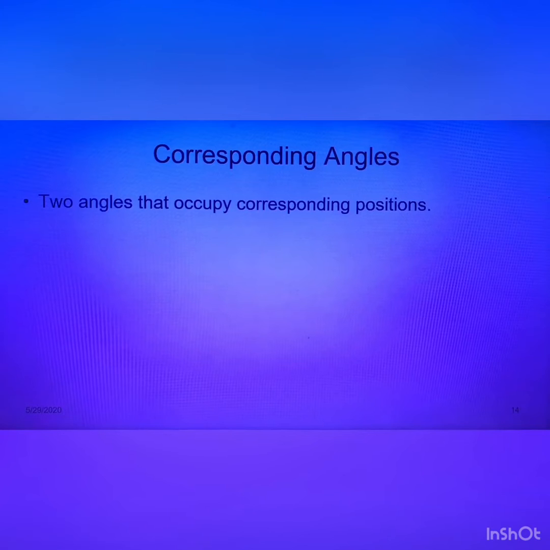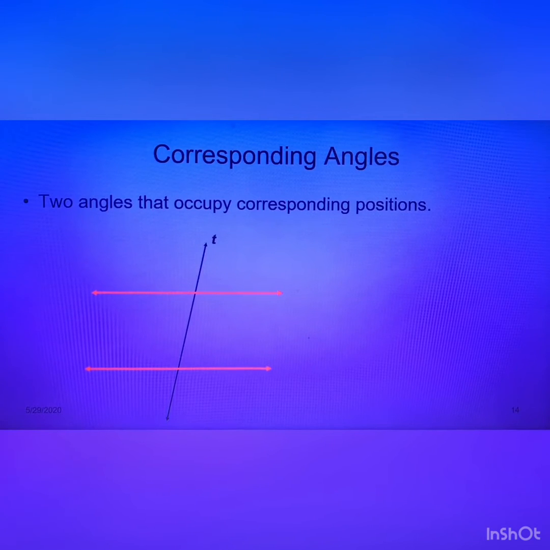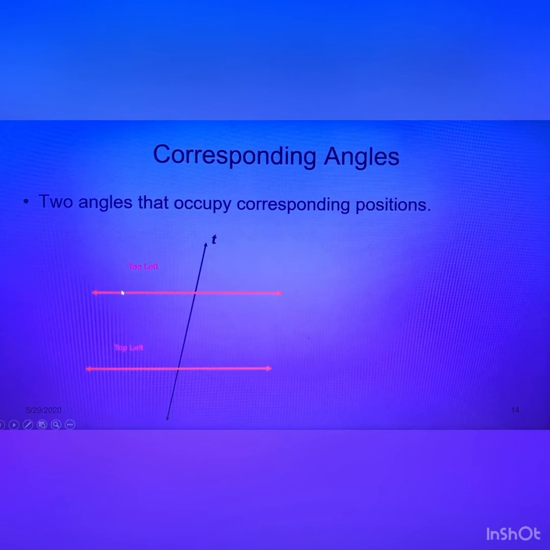Now try to understand with this example. These are two lines. You can see that this is line first and this one is line second, and a line T just intersects these two lines. Then this is the top left part of this line and this is also the top left part of this line, that is top left and top left.